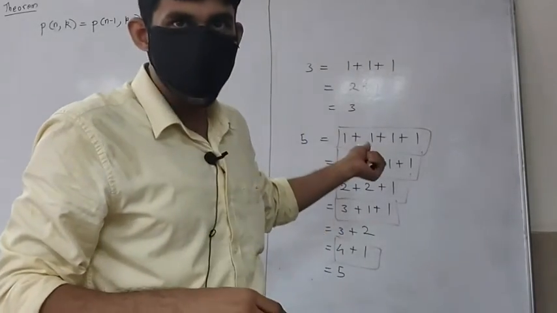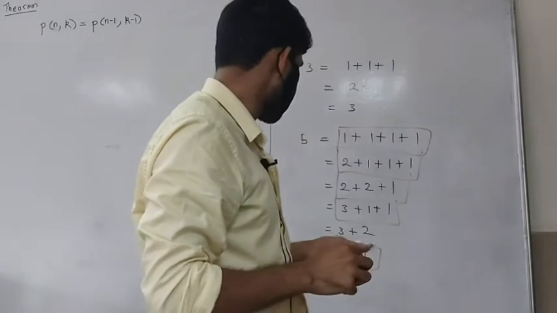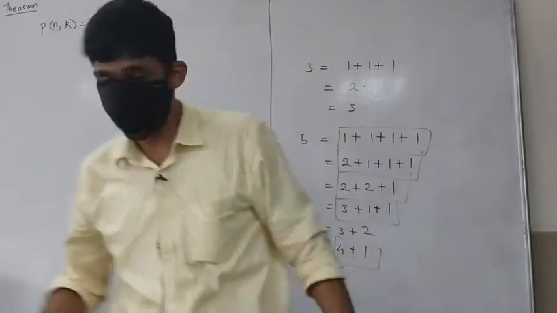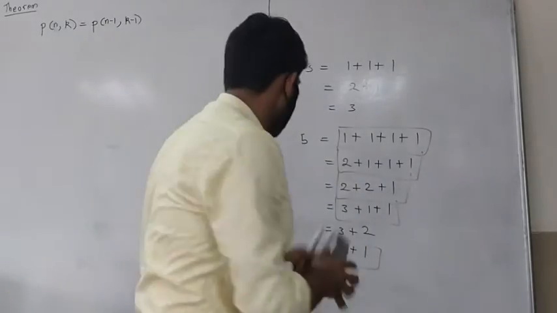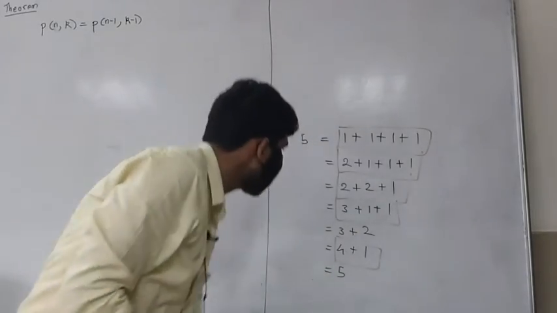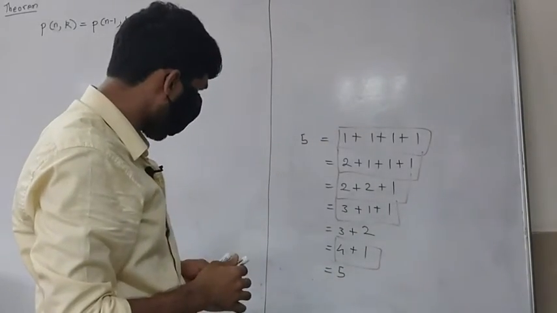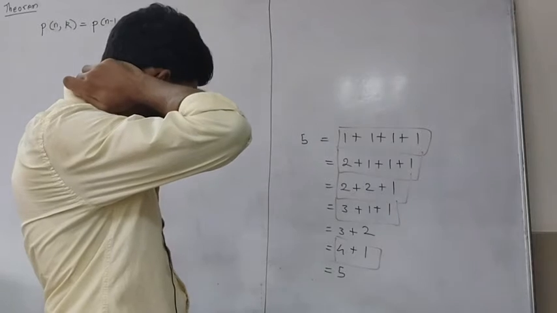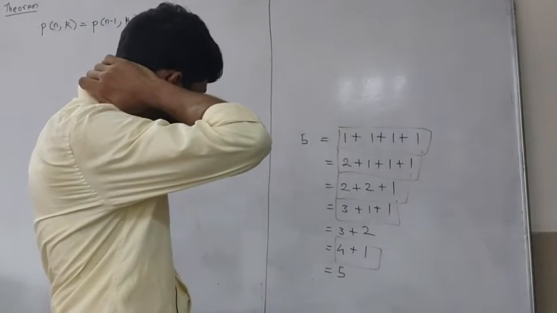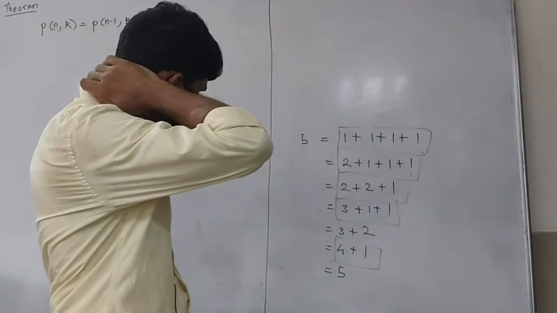I'm not looking at all partitions here. I want to look at the number of partitions into k parts. These are all the partitions of 5. These numbers are quite small, so it is a little difficult to get something nice.